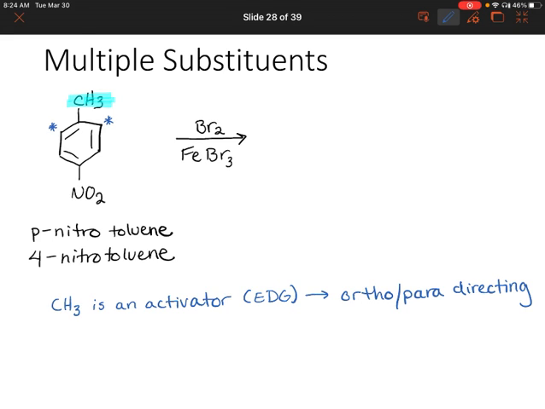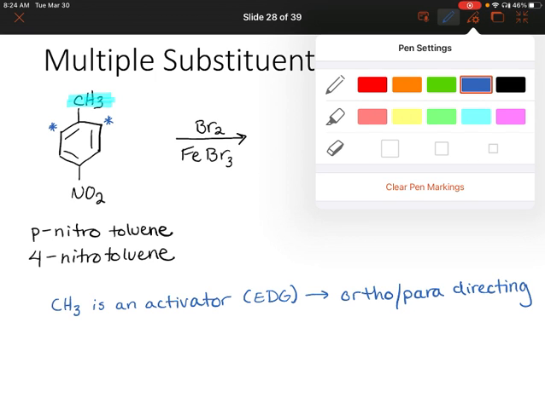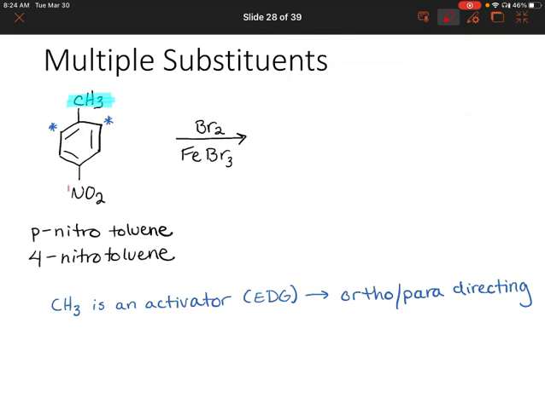Now, even though CH3 is ortho-para directing, what about the nitro group? Let's highlight that in red. So is NO2 an activator or a deactivator?